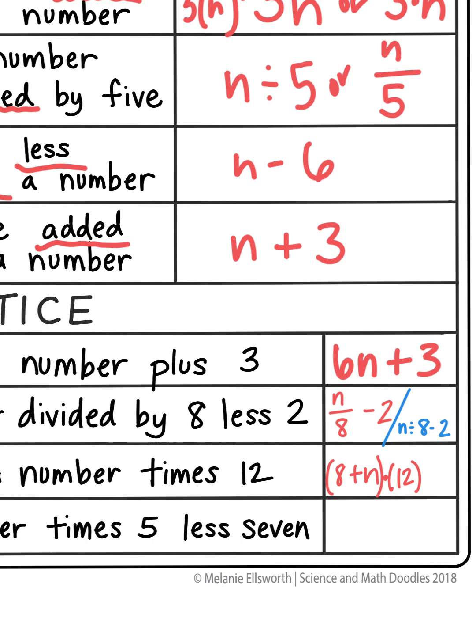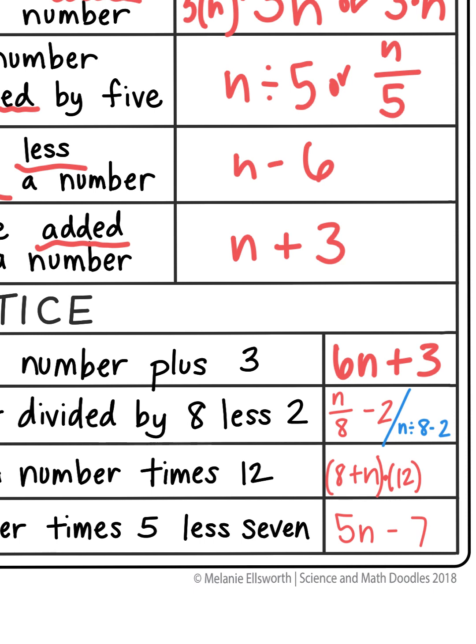What can that look like? n parentheses 5. Okay, I'm going to write it without any parentheses. I'm just going to do 5n. We typically won't do n5. You wouldn't put your variable first attached to a 5. You typically will always have your number first and then your variable after to show that you're multiplying those together. Okay, and then less 7, minus 7.